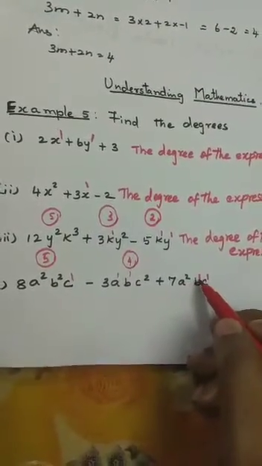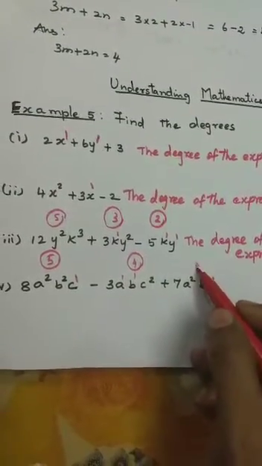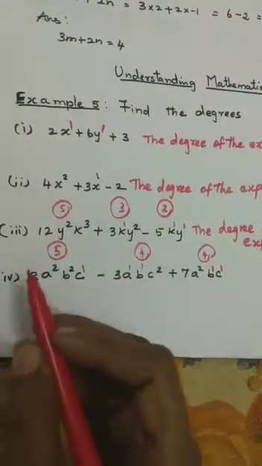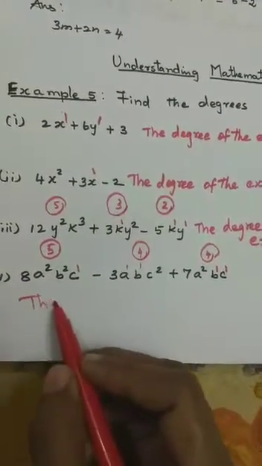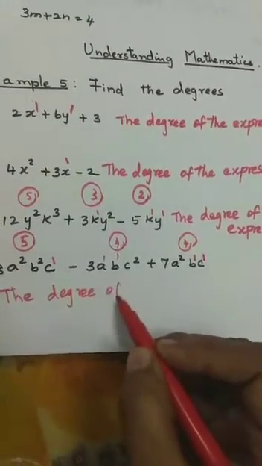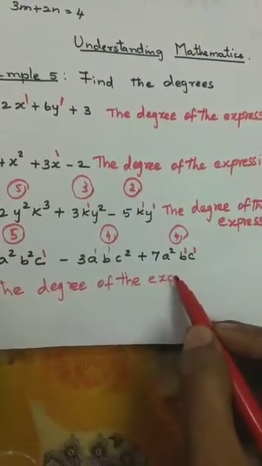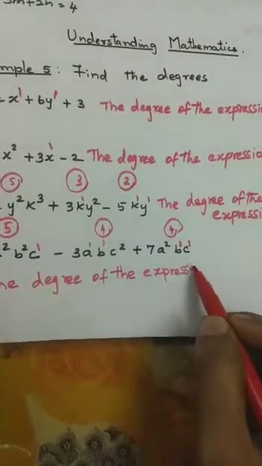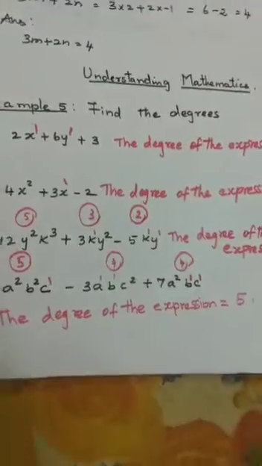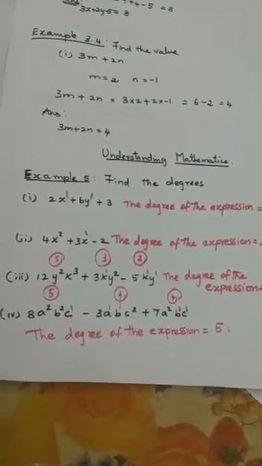So 2 plus 1, 3. 3 plus 1, 4. Here also 4. Okay, which is the highest degree here? 5. So the degree of the expression is equal to 5. Okay, we have found the degree of the given expression.